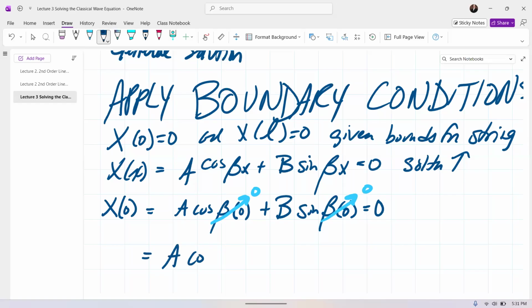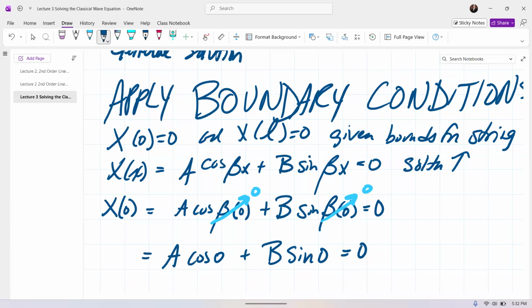Equals a cosine of 0, and here I'm just going to skip the parentheses because we're not really substituting anything in. A cosine of 0 plus b sine, sorry, wrong one, sine 0 equals 0.